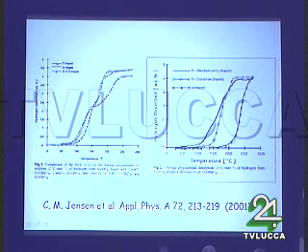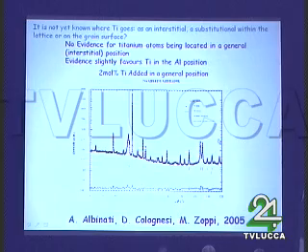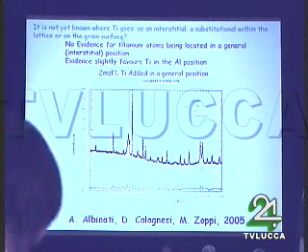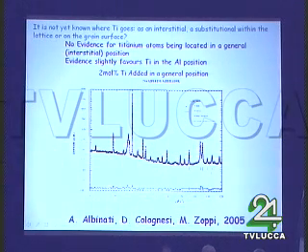Otherwise, in the undoped material, you see the reaction has shifted drastically to higher temperature. It is not yet known where titanium goes, as in interstitial or substitutional or within the grain at the surface.